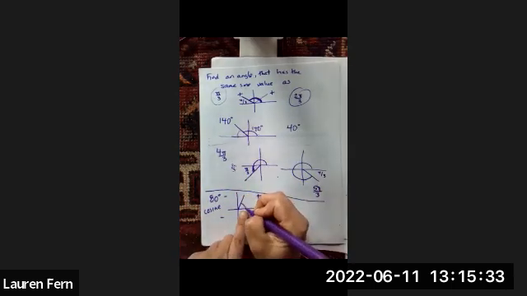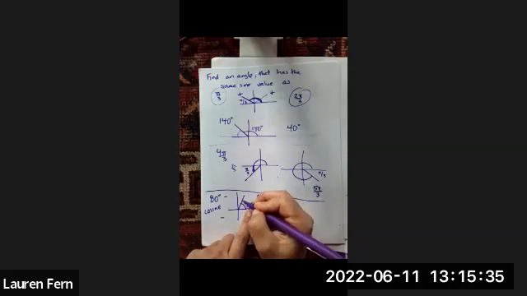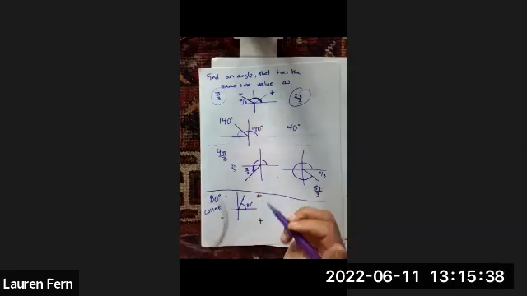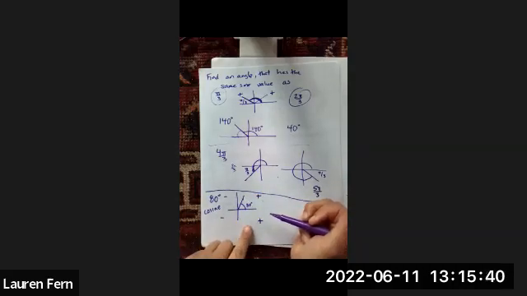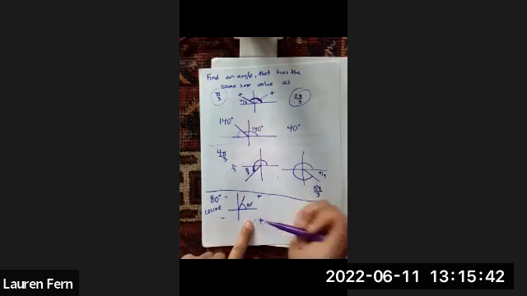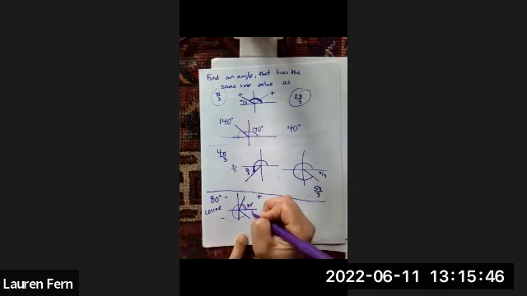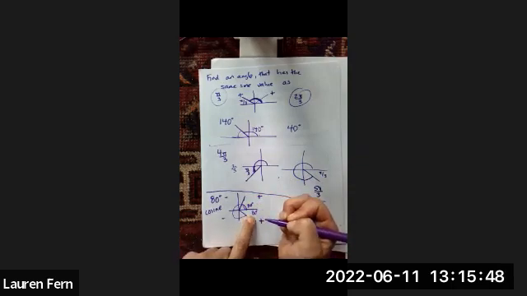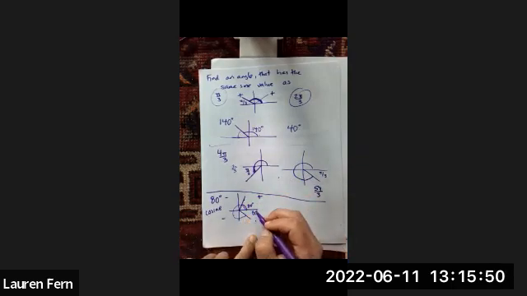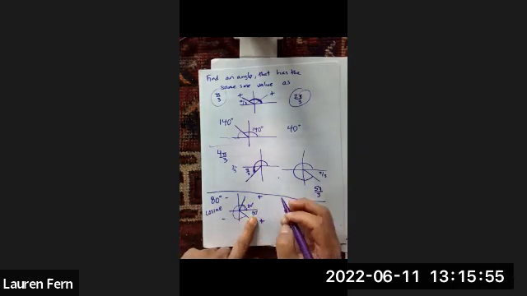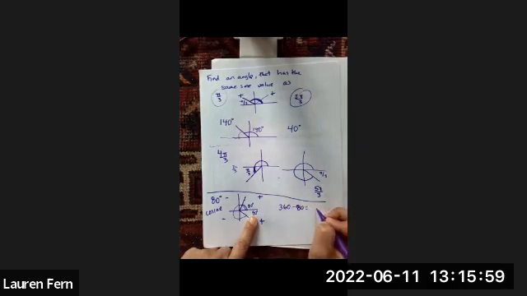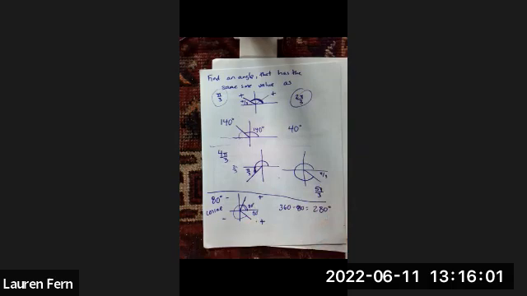So here's our 80 degrees. Well, in what other quadrant is our cosine positive? Down here. So what angle do we have that has a reference angle of 80 degrees? Well, whole thing is 360 minus 80.